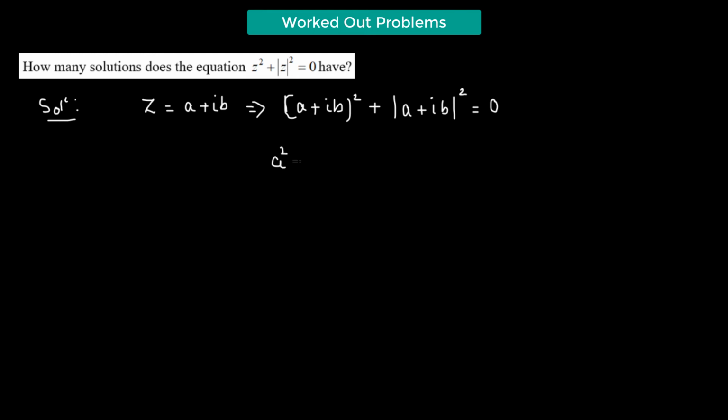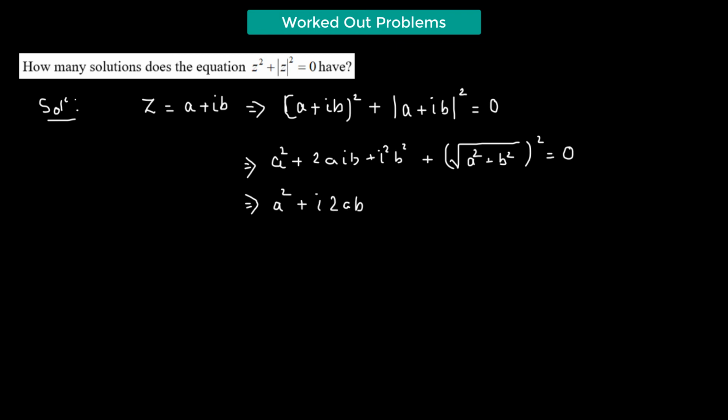Expanding, we get a squared plus 2 times a times ib plus i squared b squared plus the square root of a squared plus b squared whole squared equals 0. So that gives us a squared plus i times 2ab minus b squared, since i squared is -1, plus a squared plus b squared equals 0.